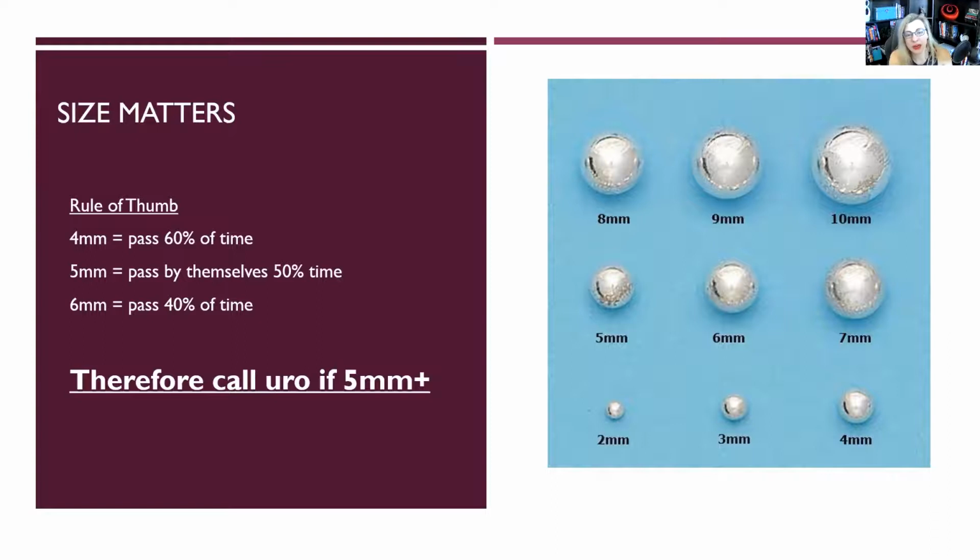These are actual size, obviously I blew them up a little bit, but the larger a stone is, the harder it is to pass. You could imagine that a 10 millimeter, aka 1 centimeter, stone doesn't pass very easily.